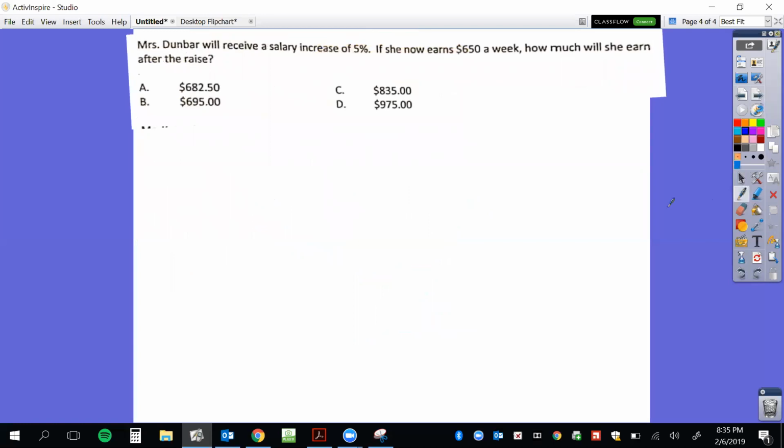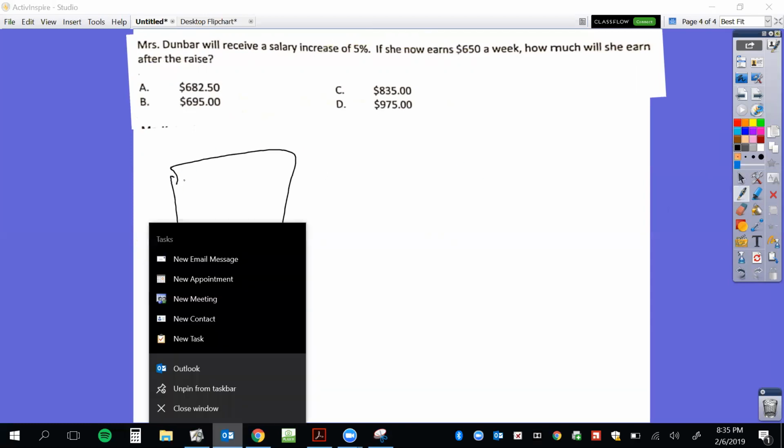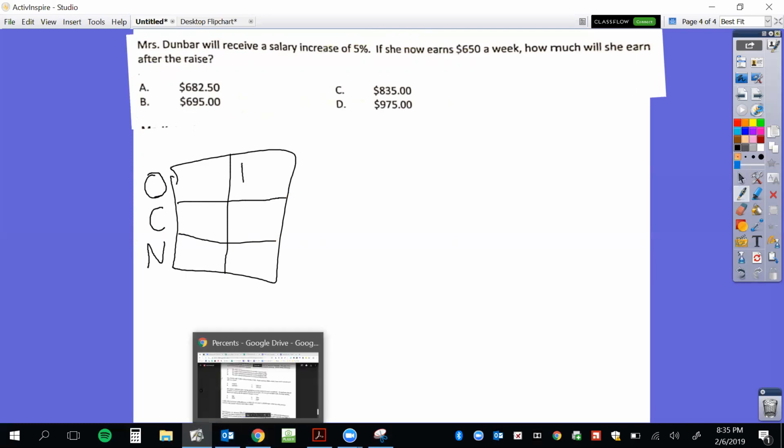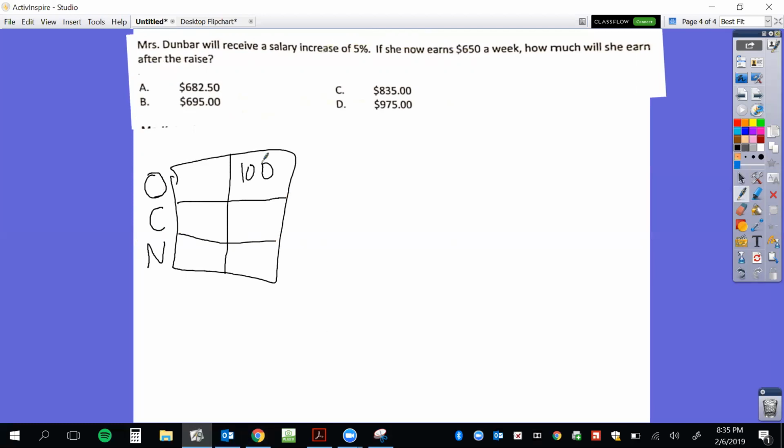This one says, Mrs. Dunbar will receive a salary increase of 5%. She now earns $650 a week. How much will she earn after the raise? So again, let's start by drawing my OCN box. Make sure you put your 100%.